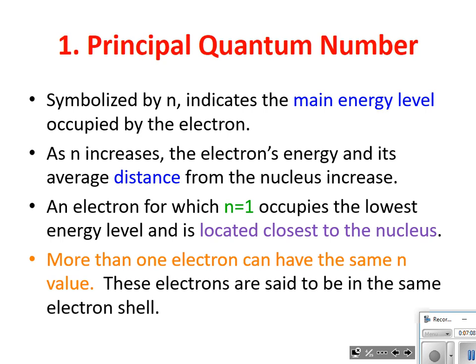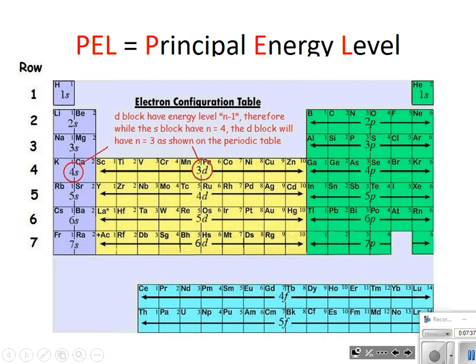Go ahead and take out your periodic table. We're going to do some writing on it. We're going to write that baby up, get some stuff on it with these quantum numbers, starting with N, the principal quantum number. Now, PEL, P-E-L, the principal energy level.